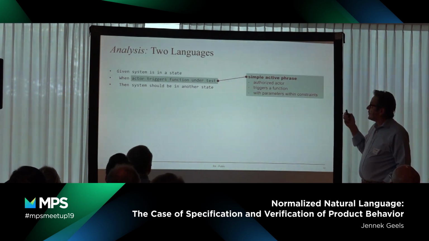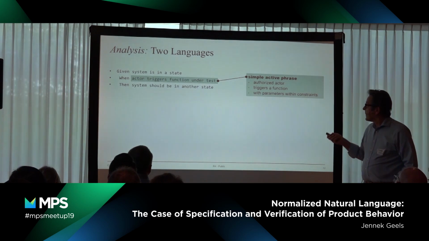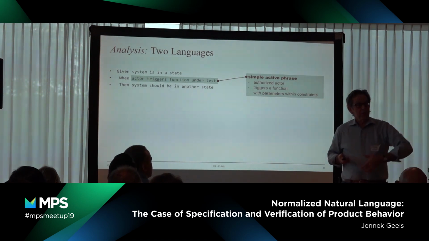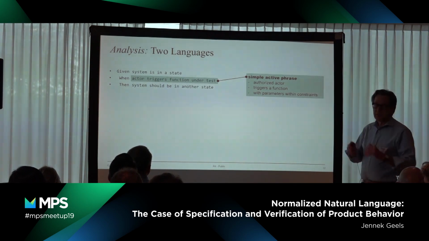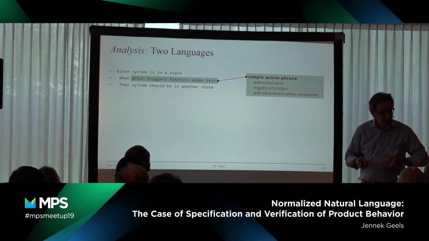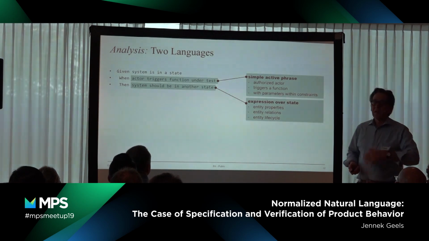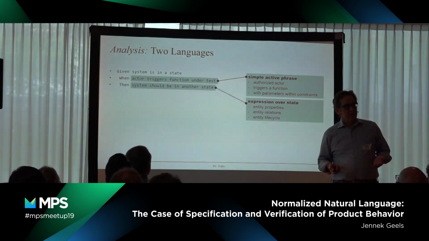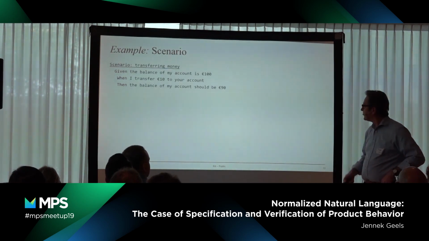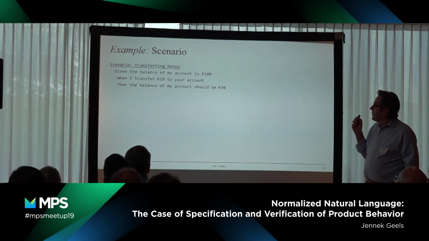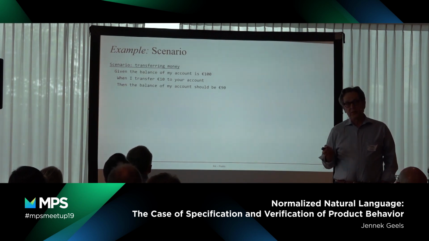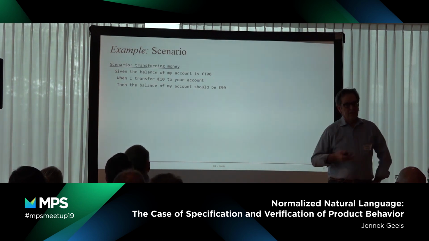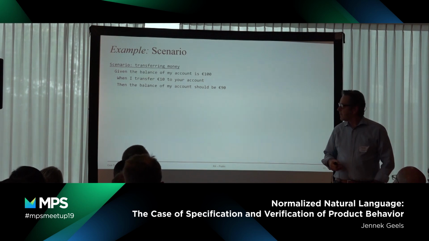So I stated there are 2 languages here. There's the language where you can express the behaviors that you trigger. Let's call that the language that brings us the functionality of the product. And there's a language that is about state and expressions of the state, something being true or not. And I brought one example, and this example is not from printing because that would assume you would first learn about printing.